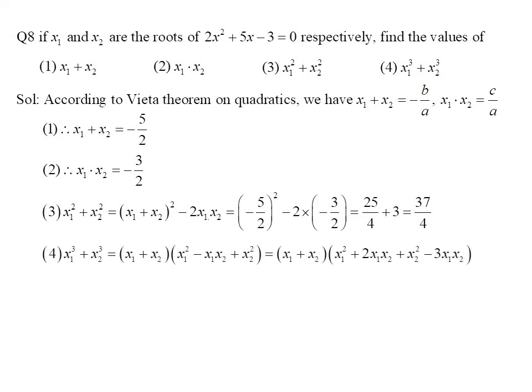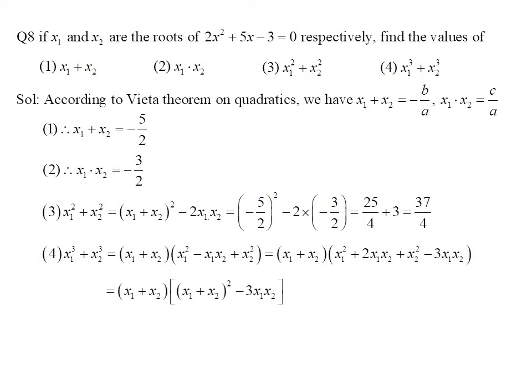For question 4, we need to recall the formula of the sum of two cubes, which is equal to (x1 plus x2) in parentheses times (x1 squared minus x1x2 plus x2 squared) in parentheses. Since we know from question 3, x1 squared plus x2 squared can be transformed to (x1 plus x2) in parentheses squared minus 2x1x2.